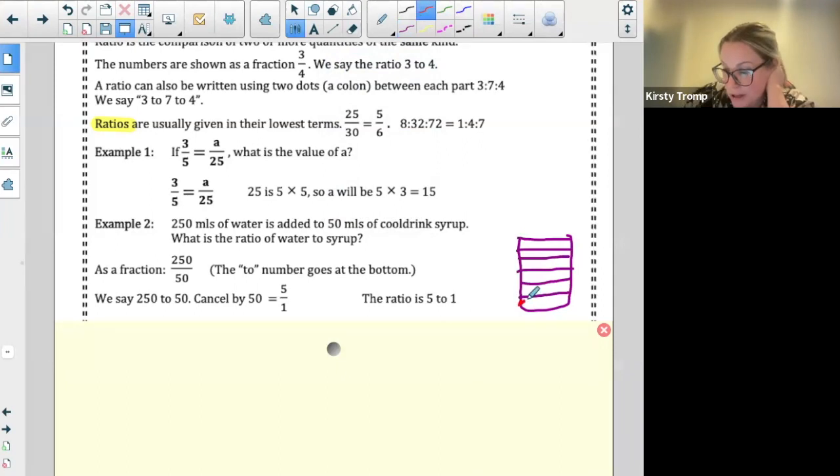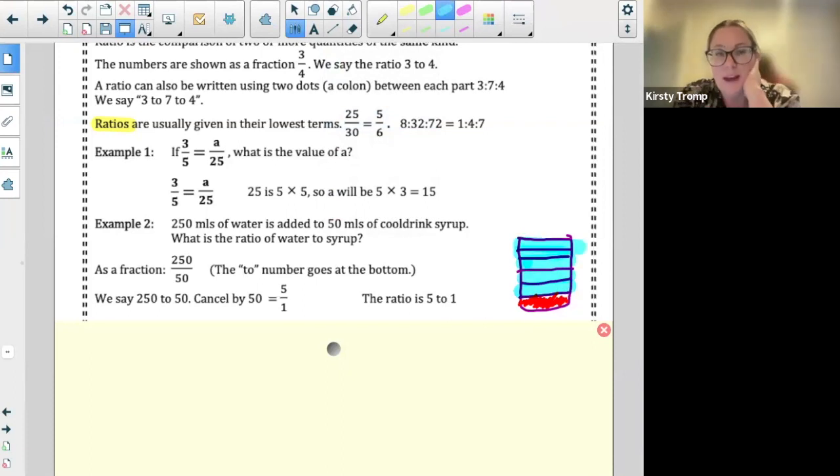Here's my squeegee red juice because that's the one that tastes the best. All right. And the rest, what are we going to do? The rest, we're going to have water in. So 1 part is red juice and the rest is water. Okay. The rest is water.